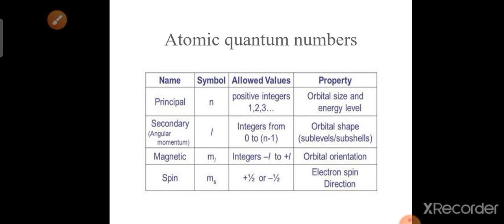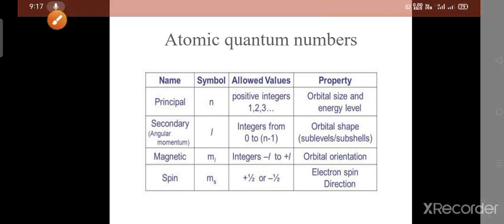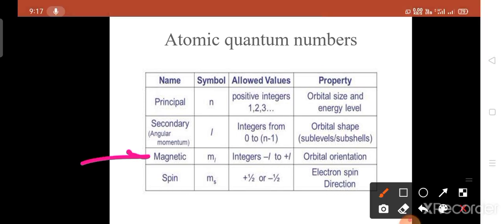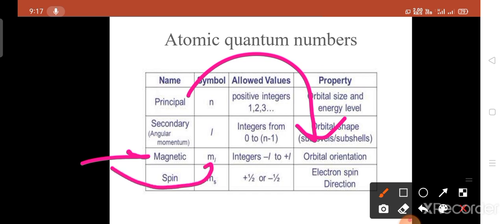Now we have to see the third type of quantum number, that is the magnetic quantum number. The total number of orbitals in a subshell, or the orientation of the orbital, is denoted by the magnetic quantum number, and it is denoted by the symbol ml.